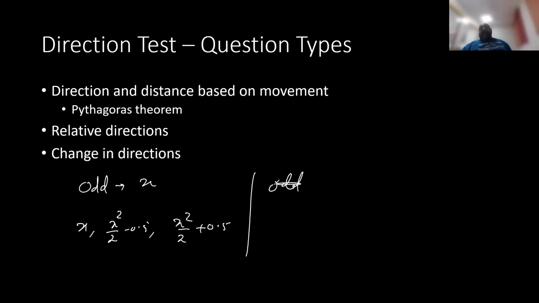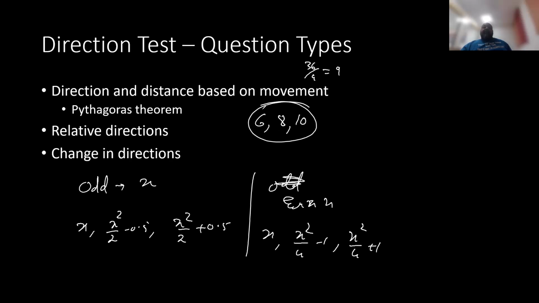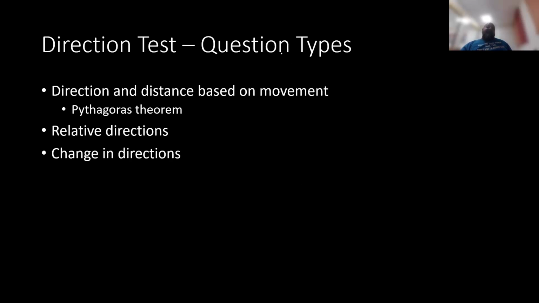If x were even, I will say x square by 4 minus 1, x square by 4 plus 1. Basically, say 6. 6 square is 36, 36 by 4 is 9, minus 1, plus 1. One number can be part of more than one triplet. So these are just methods of writing triplets quickly.